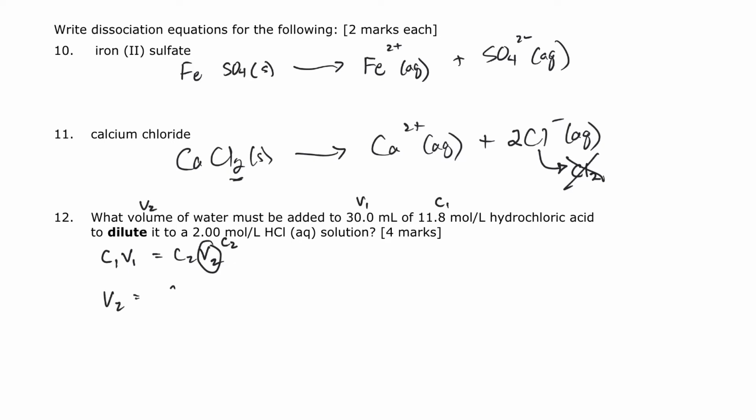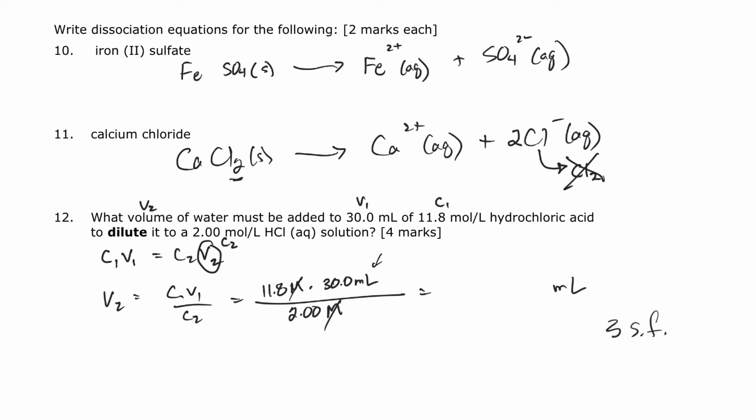So V2 will be C1V1 over C2: 11.8 molar times 30 milliliters. I'm just going to leave it as milliliters because the molarities are going to cancel, so my volume will wind up in milliliters. Multiply, divide, and you should end up with 3 sig figs in that one.